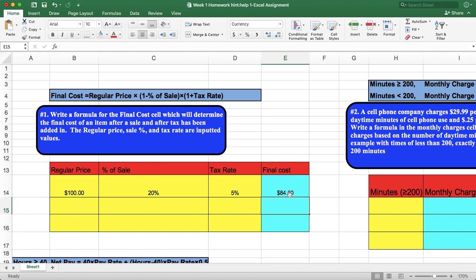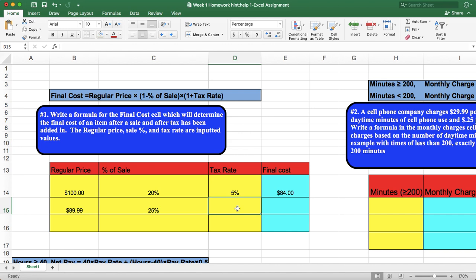This is the formula in Excel. The advantage of putting the formula in the cell is that if we change the regular price, for example, to 89.99, and the discount rate is 25%.